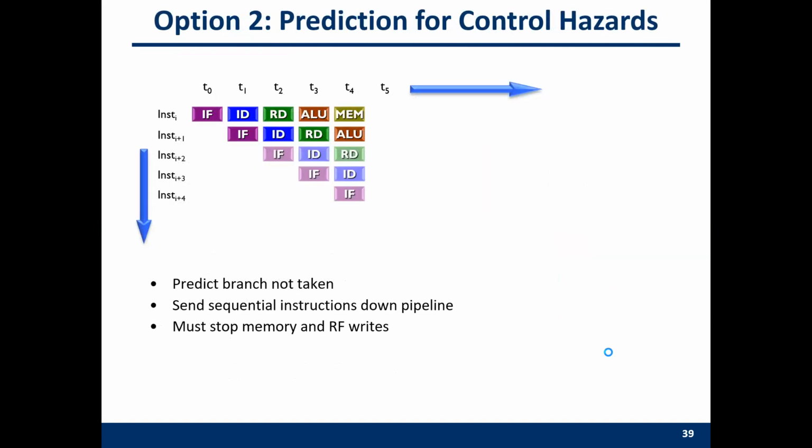So one technique to improve the pipeline utilization is that we do some branch prediction.